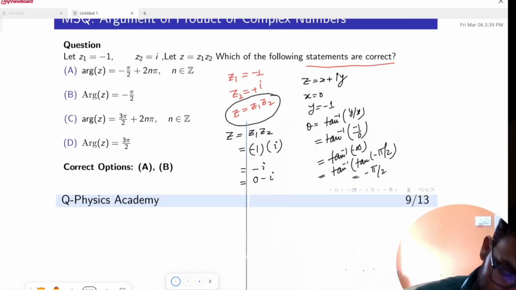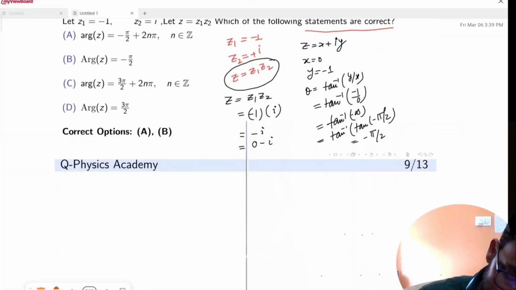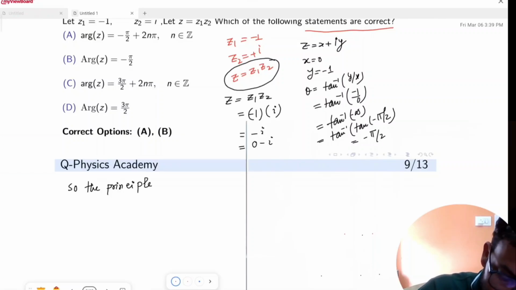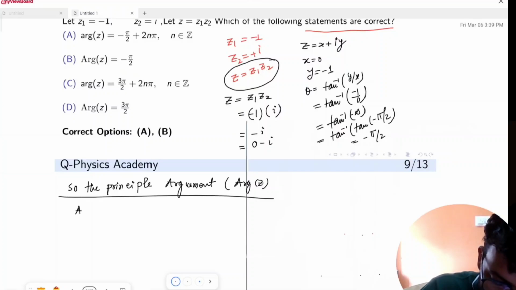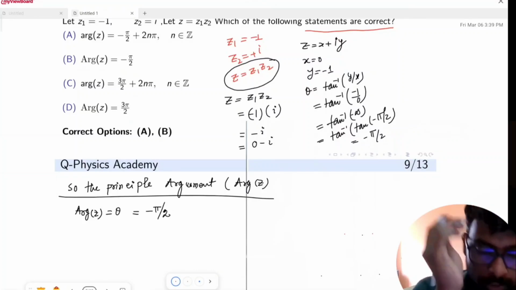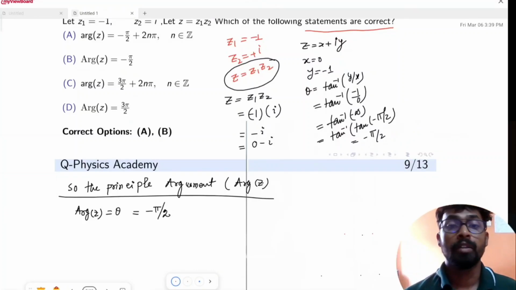We already know theta is nothing but the principal argument, that is nothing but the argument of z, which equals minus pi by 2, right? Minus pi by 2.